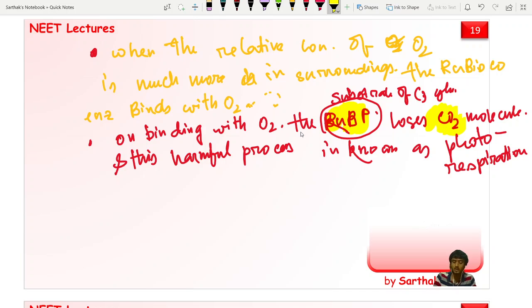So basically what happens, after binding with O2, the RuBP loses a CO2 molecule, and forget glucose, glucose is not forming. It loses a CO2 molecule and glucose is not forming.